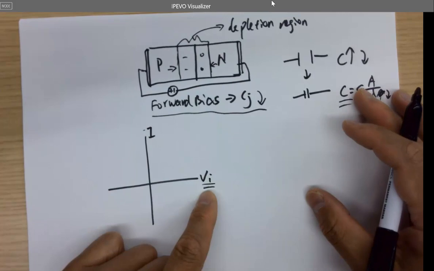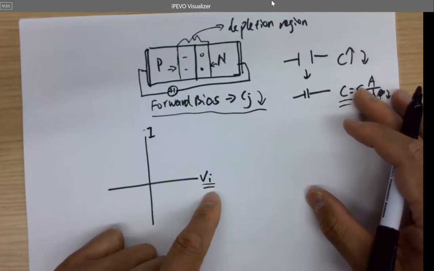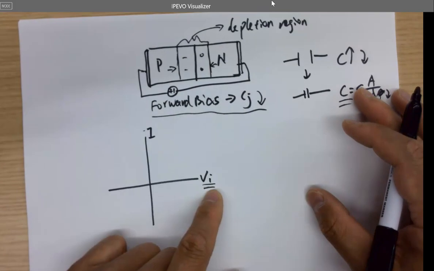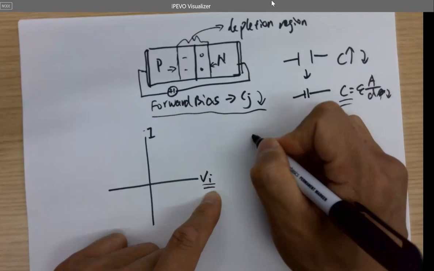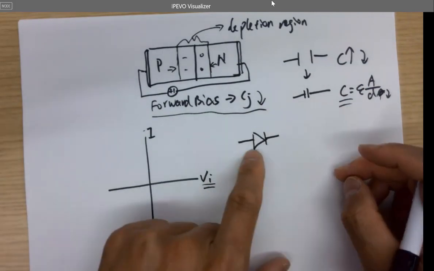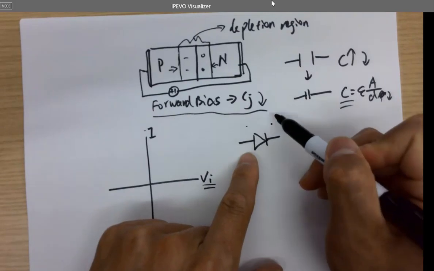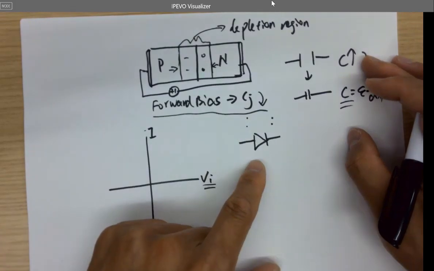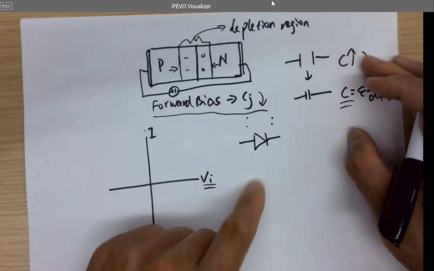VI here is considered as the voltage from P to N or N to P. So if here's a diode, I'm using a VI. Is the VI considered as from here to here or here to here? Left to right, right?